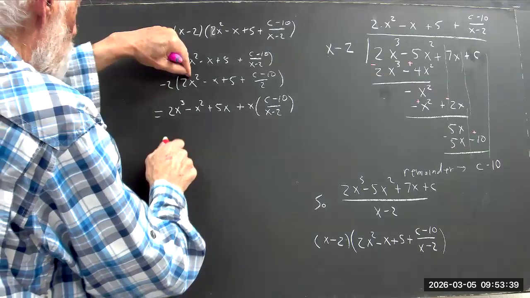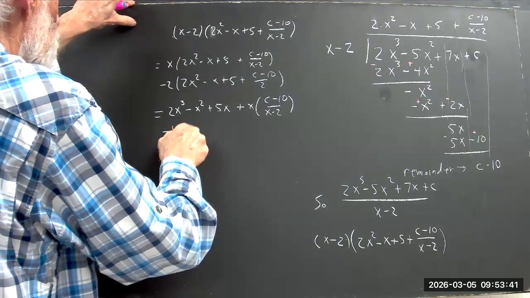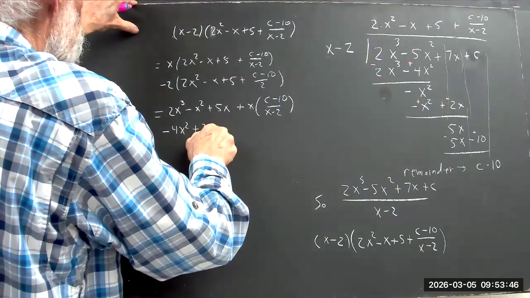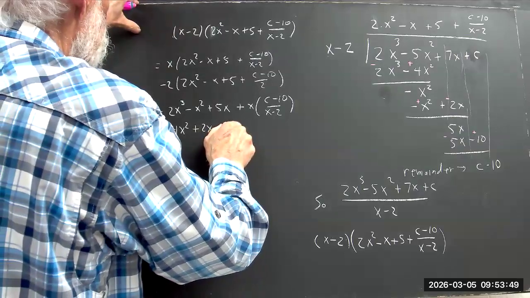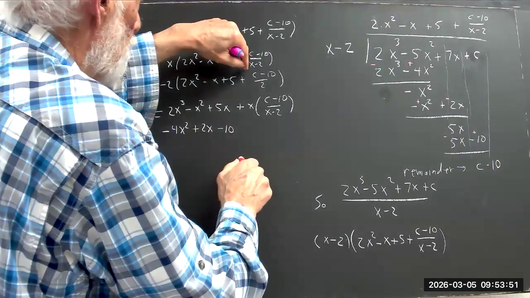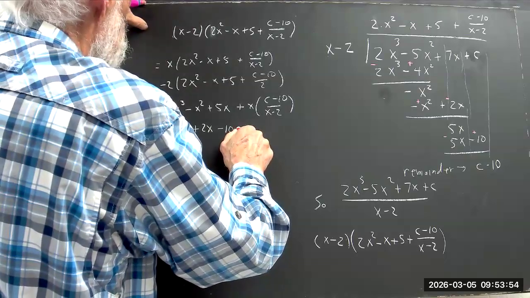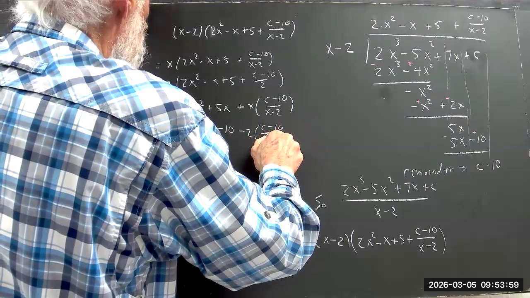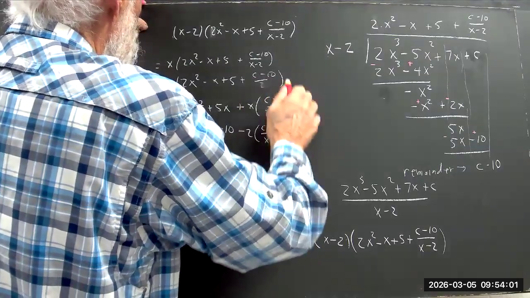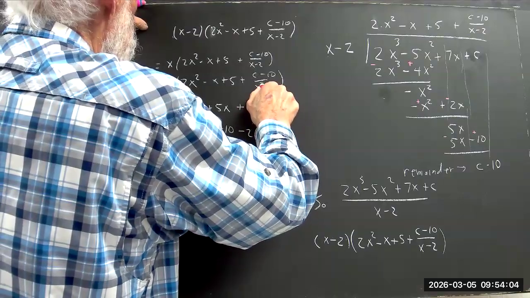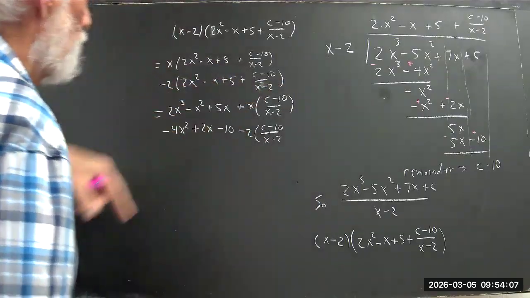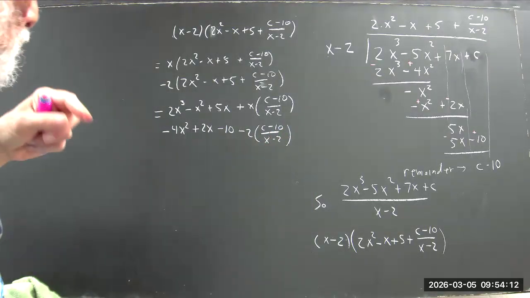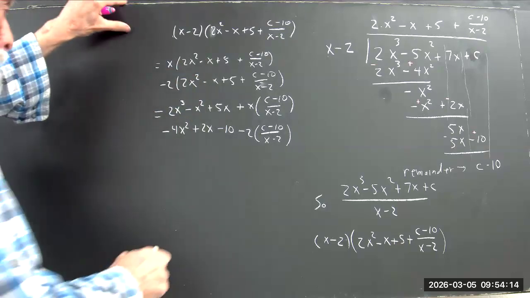We're going to have minus 2 times 2x squared, which gives us minus 4x squared. Minus 2 times minus x gives us plus 2x. Minus 2 times 5 gives us negative 10. Minus 2 times (c minus 10) over (x minus 2) gives us just minus 2 times the quantity (c minus 10) over (x minus 2). And I should have written x minus 2 up here where you can see it. Unless you're visually impaired. Okay.